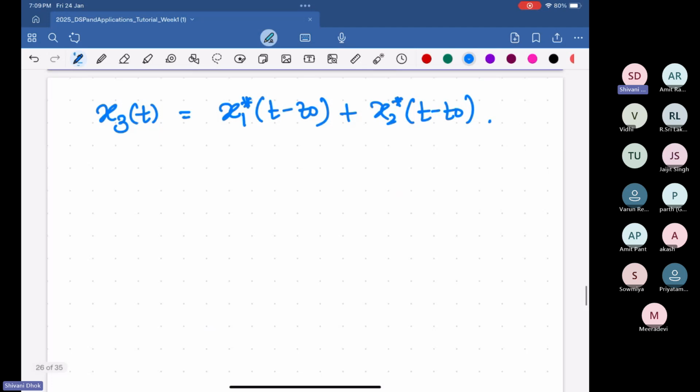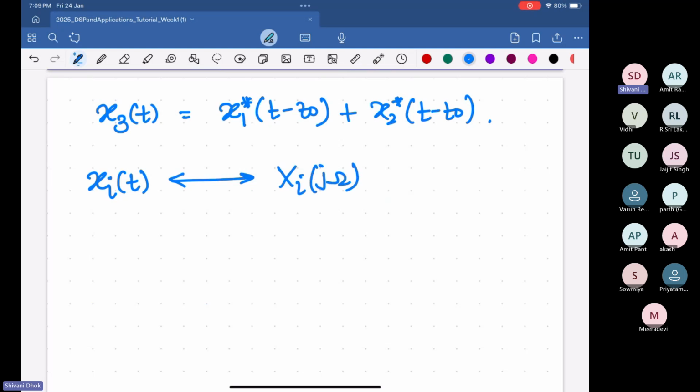So for that, let us first figure out the Fourier transform of signals of this particular nature. Let's say we have this xi of t, which has a Fourier transform of xi of j omega.